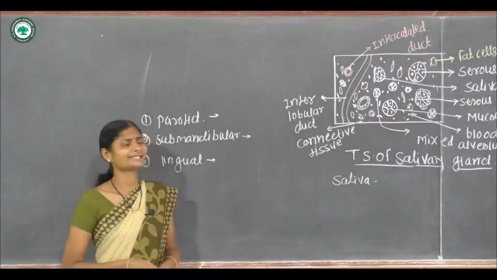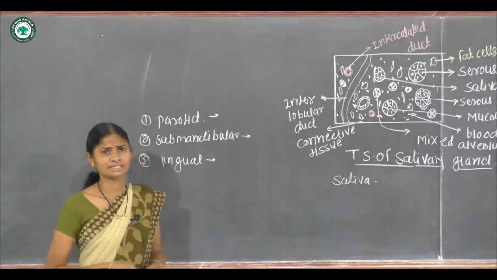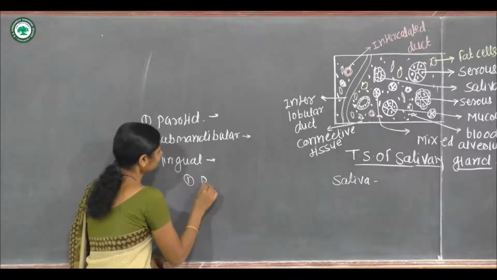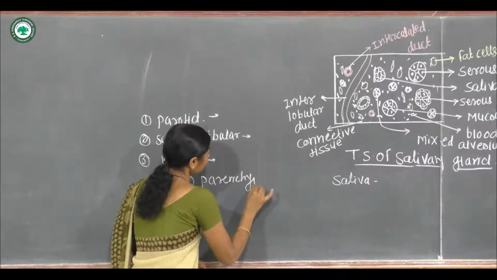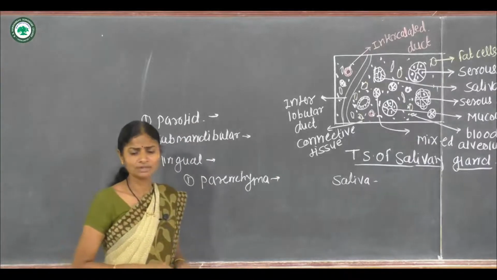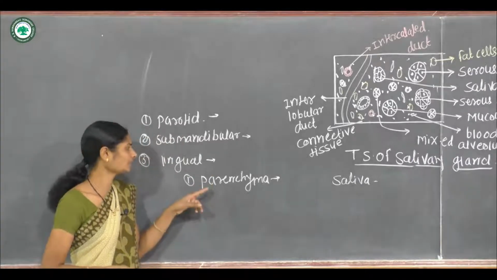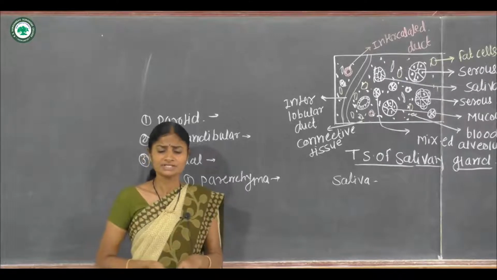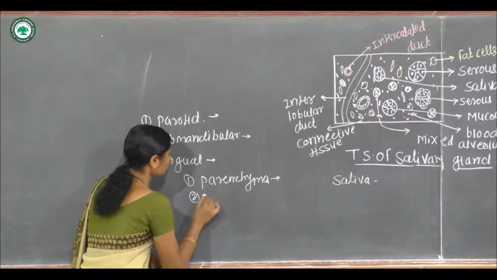These exocrine glands have main components. The first component is the parenchyma, which is called the secretory or glandular part. The second part is the stroma.